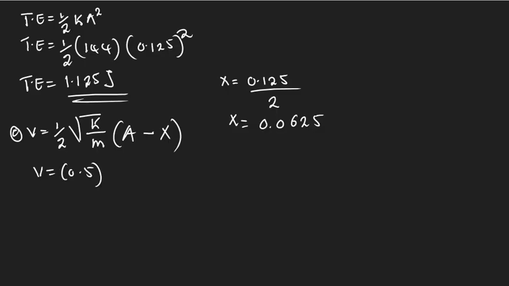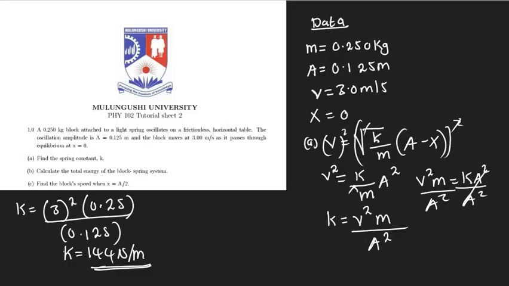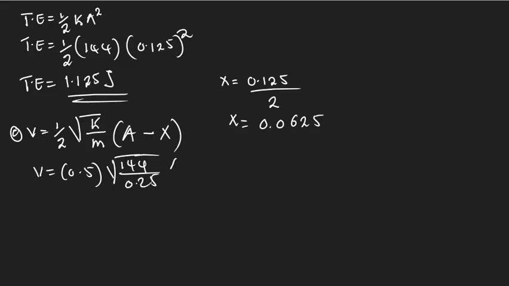So of course we do our replacement. What is our k? 144. What is our mass? Sorry, our mass was 0.25. Then here we put our a, which was 0.125 minus 0.0625.